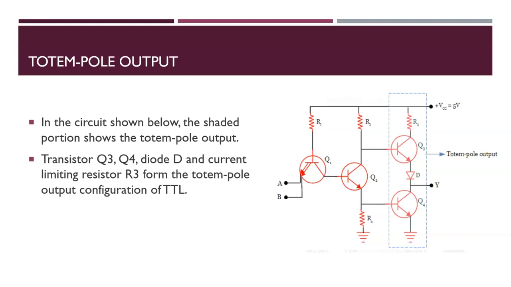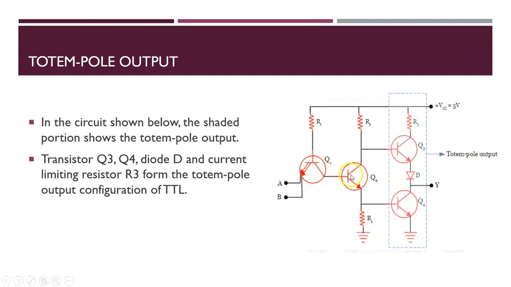The other reason why it is called pull-up will be discussed right now. This is a TTL NAND gate. We have already discussed the configuration of this one and how its working takes place. When both the inputs are low, or any one of the inputs is low, transistor Q2 is off.